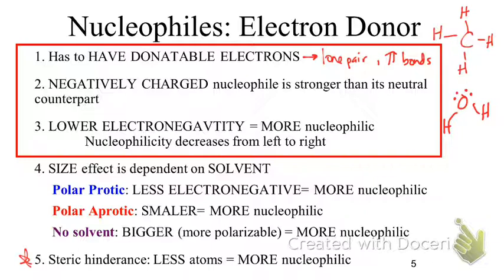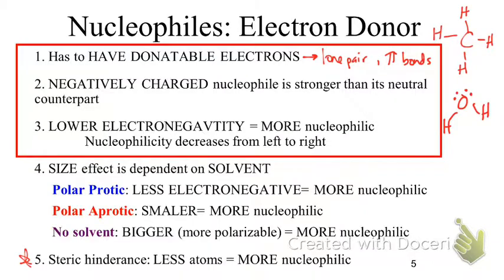I have to have those donatable electrons. Do I want those electrons to go outside the structure or stay within the structure? They need to go outside the structure to act as a nucleophile. So if I have a compound with lots of resonance, what is that going to say about its reactivity as a nucleophile? Not as high, because I'm moving that charge into the structure instead of moving it outside the structure.